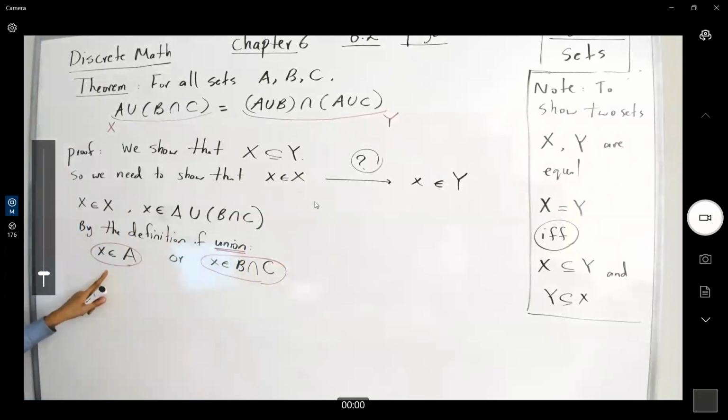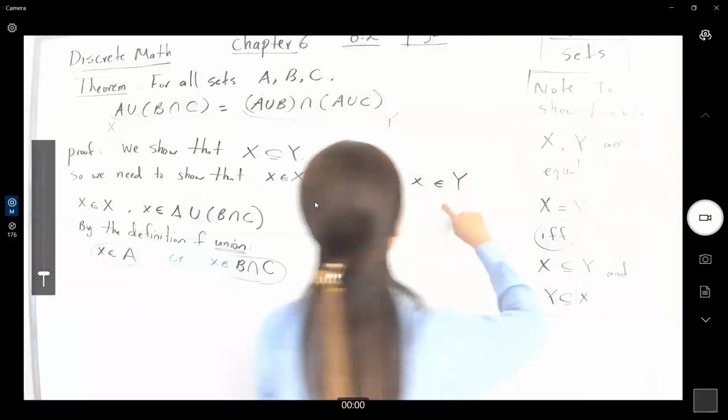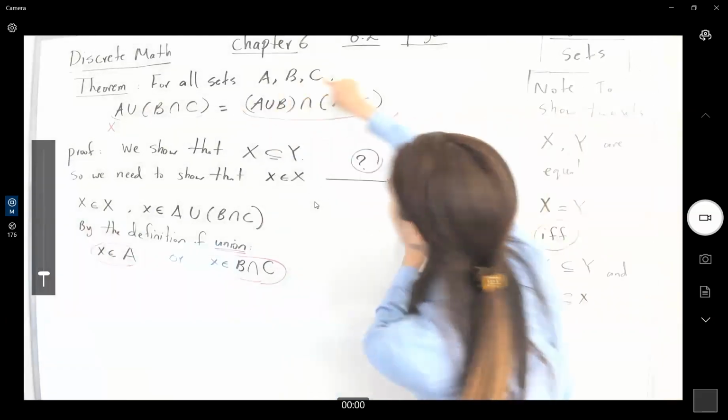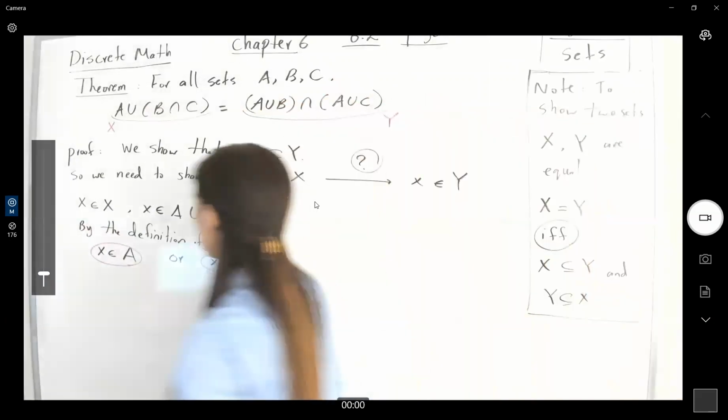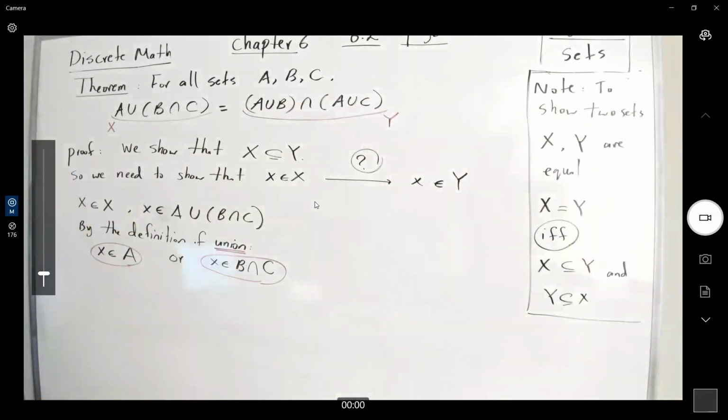x belongs to A. And don't forget that you're trying to show x belongs to this intersection. This is our goal. So remember that x belongs to A. What's the meaning of that? It means that x belongs to A union with any set.